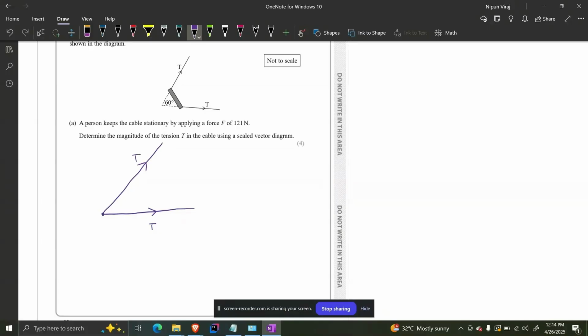So when you draw a vector diagram or simply a vector triangle in this situation, the important point is it should be joining head with tail. If this is a vector, this is the tail, this is the head. And in the next one also it should be like this. You have head-tail connections in vectors, right?